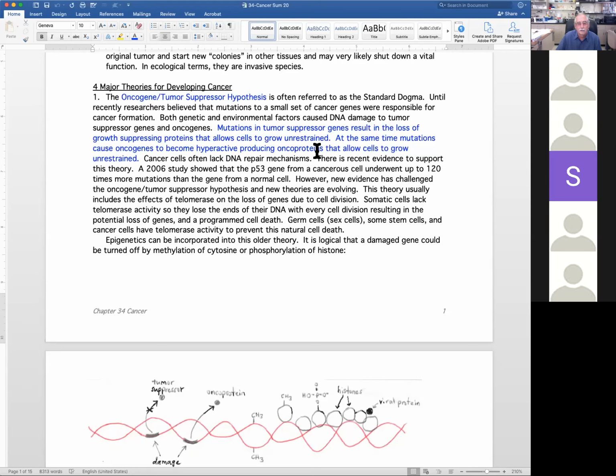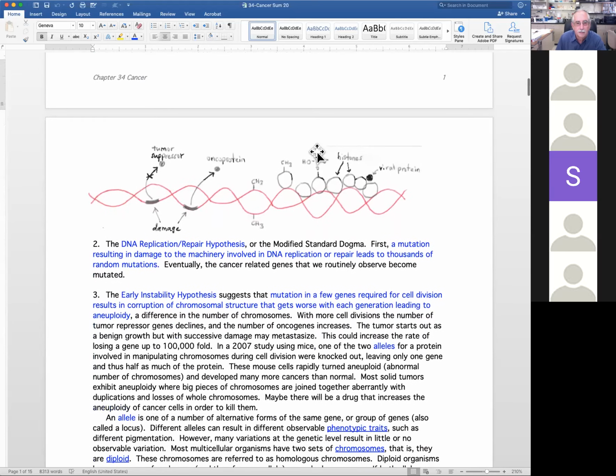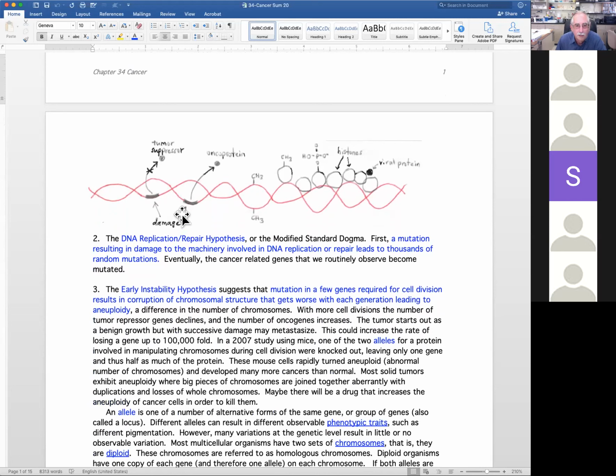Okay. So of course, epigenetics can be incorporated into this whole theory, but here's kind of the idea. If I damage this oncogene right here, an oncoprotein can come out here and simply turn on genes, cause the cell to proliferate.